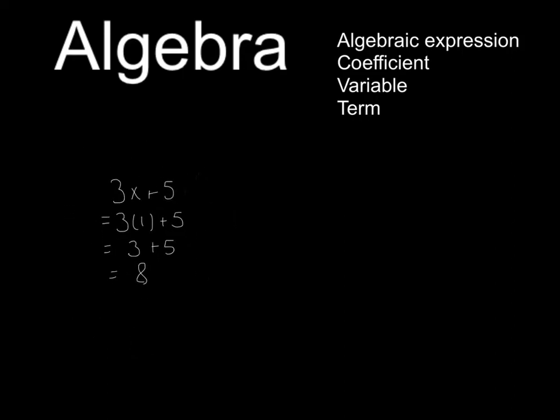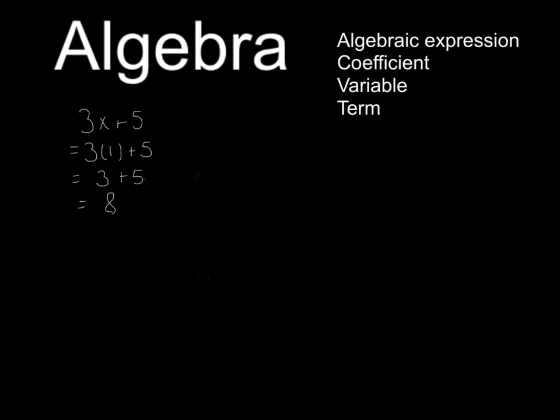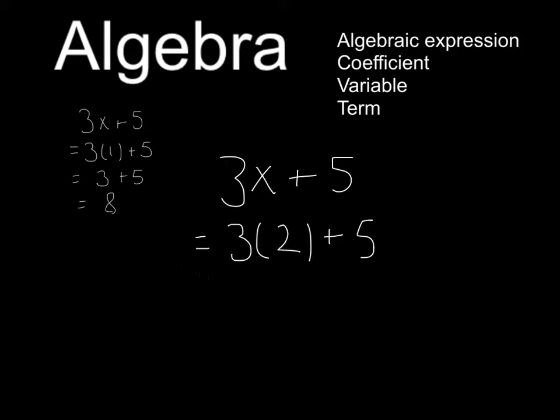Okay, so let's just move that over to the side a little bit. What if x was equal to 2? So again, we still have our same expression, 3x plus 5. But this time x is equal to 2, so we just put in a 2. So 3 multiplied by 2 plus 5.